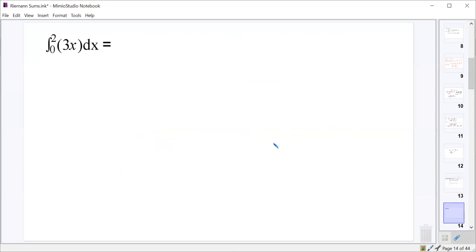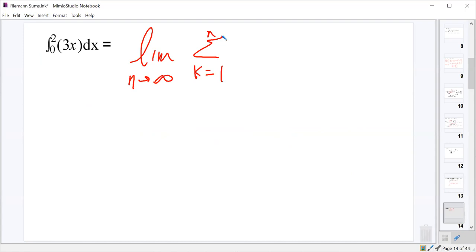All right, so I'd like us to take this integral here and convert it into Newton's notation. So how are we going to go about doing that? Well, it's going to be a limit as n approaches infinity of a sum from k equals 1 to n of the height of each subinterval, or the height of our function, times the length of each subinterval.